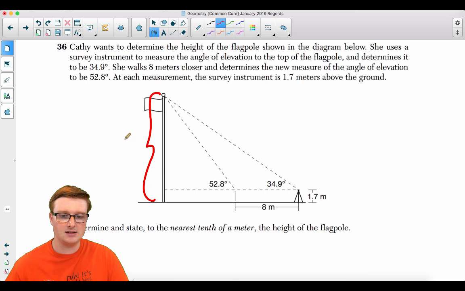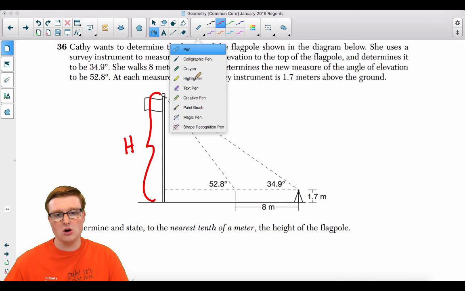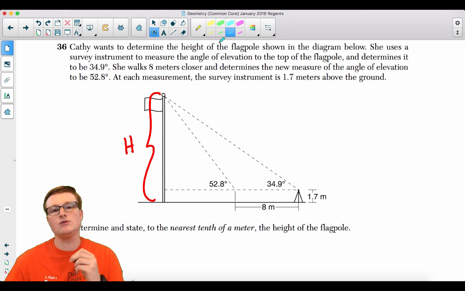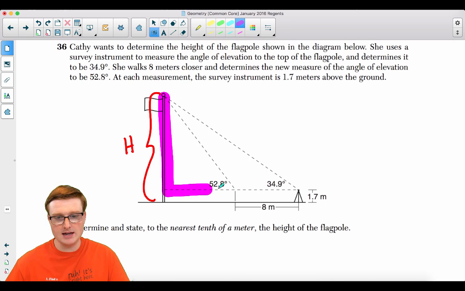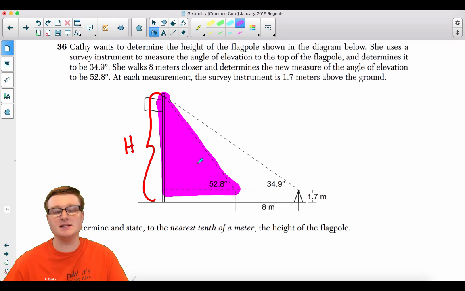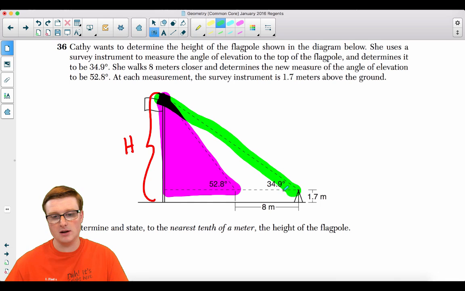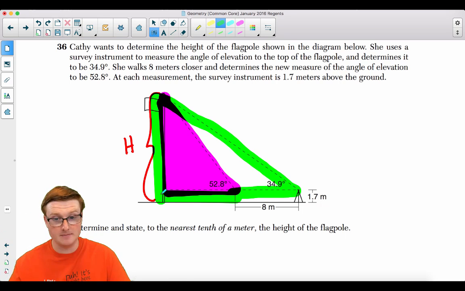I'm going to call this big H for the height. Now, we need to think really, really hard about what we're doing. This triangle here is a right triangle because a flagpole is perpendicular to the floor. And this big triangle is also a right triangle because, again, the flagpole is perpendicular to the floor.